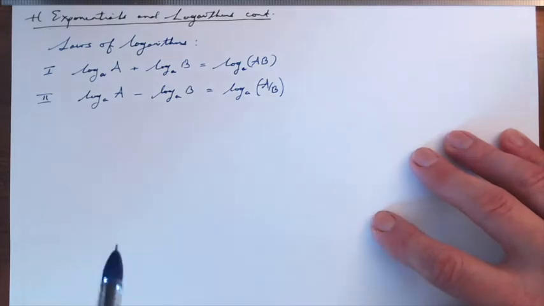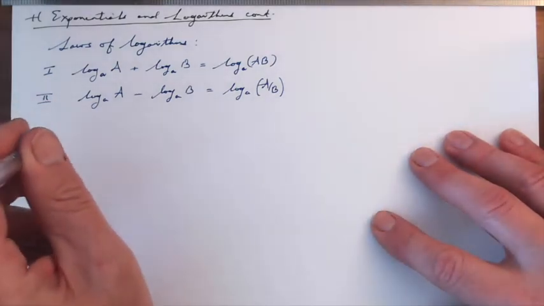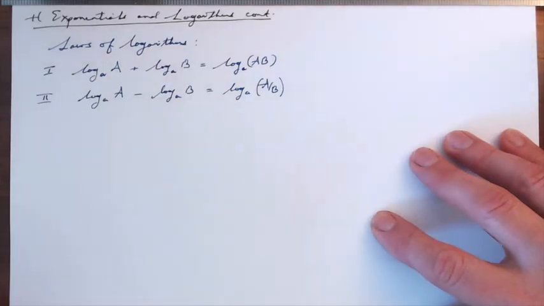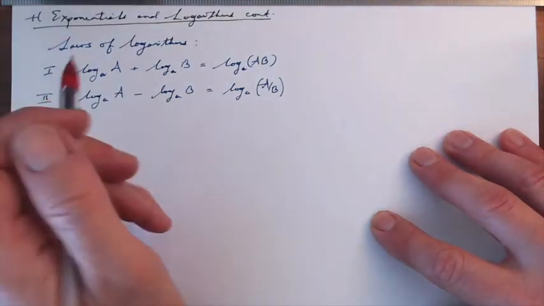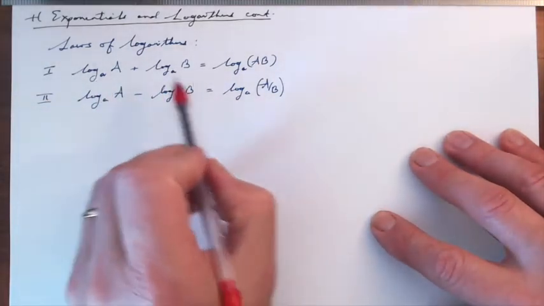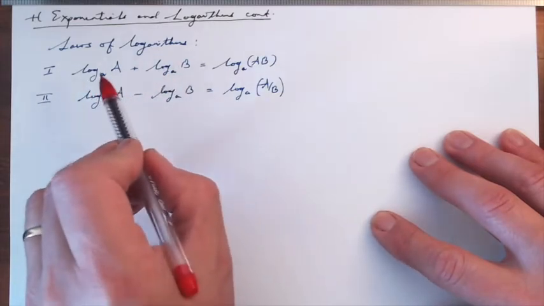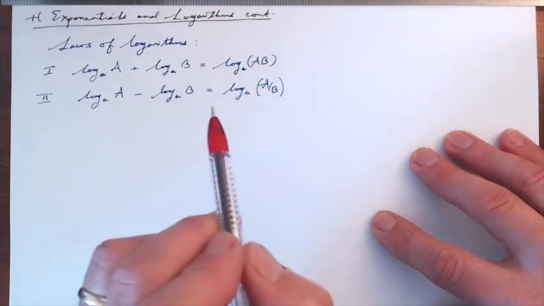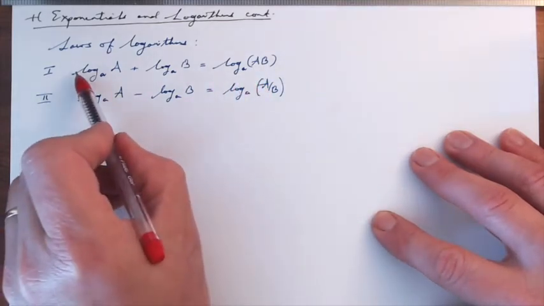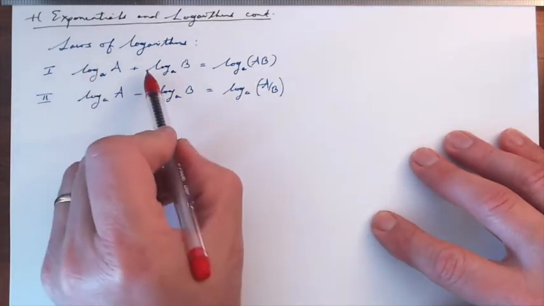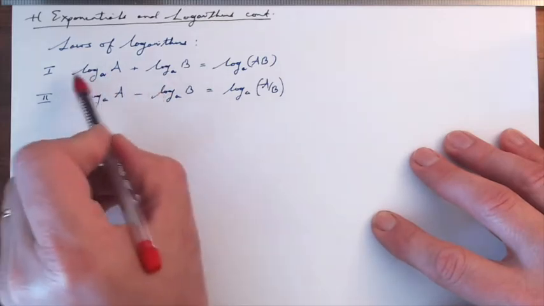And before I list the third and final law of logarithms, I must point out a very important thing here, which is that these laws are only true if you see the sum of two logarithms written down. You can only combine them into one immediately if the coefficients of each logarithm are unity.